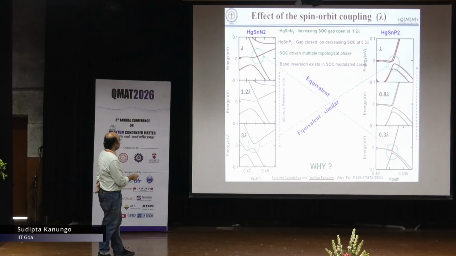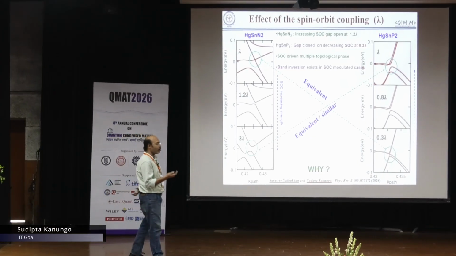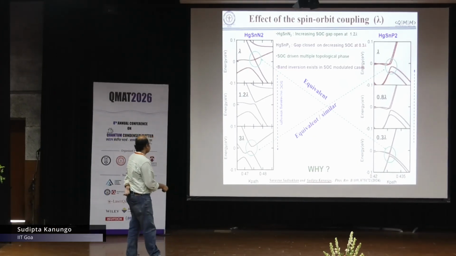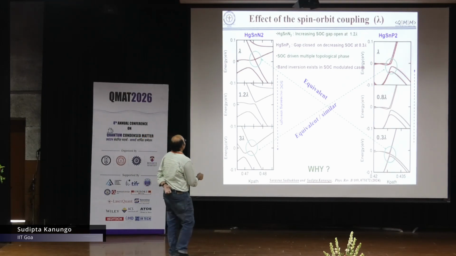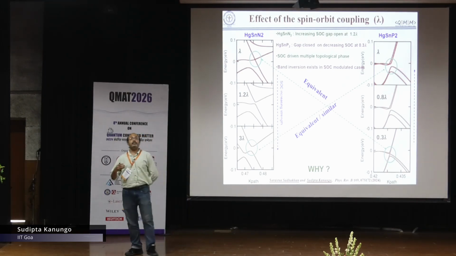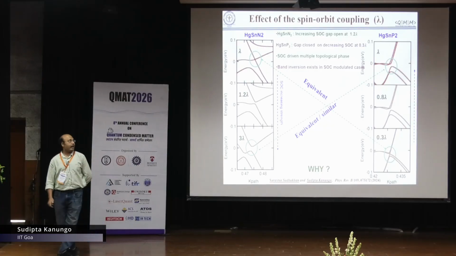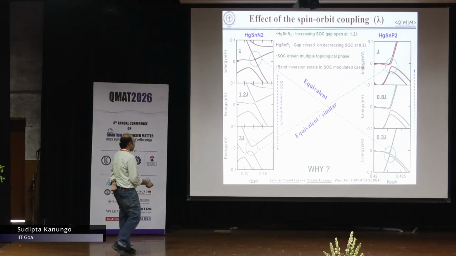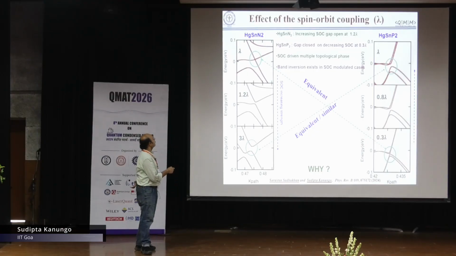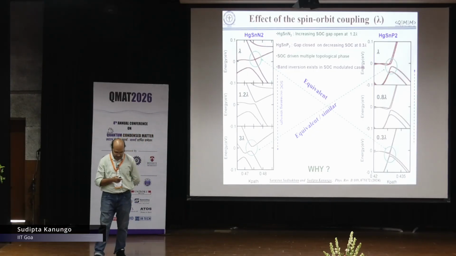Technically, this band and this band are very similar or equivalent, whereas that band and this band are equivalent. So, I can tune the strength of the spin orbit coupling and go from the gapless topological phase to the gapped topological phase for the nitrogen as well as for the phosphorus by the reverse tuning.